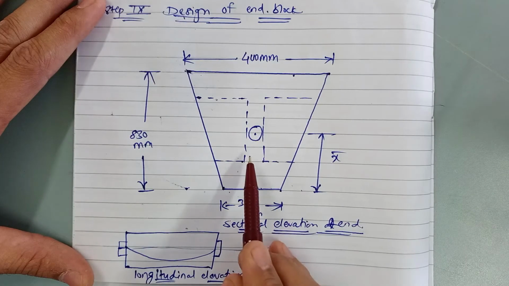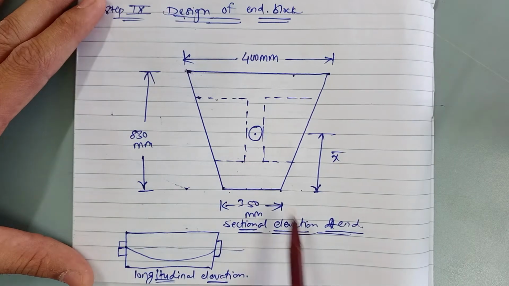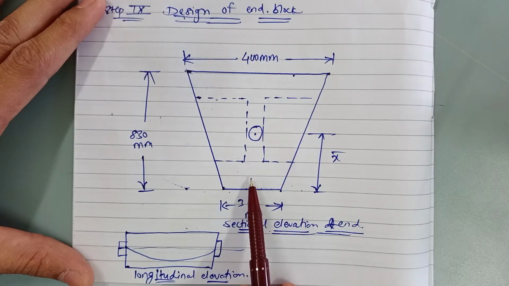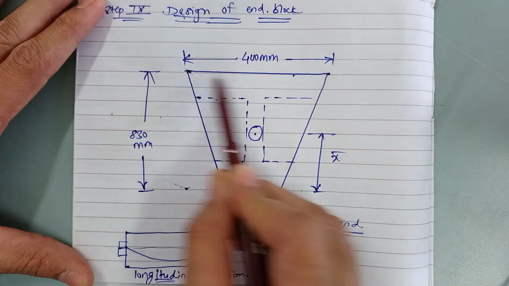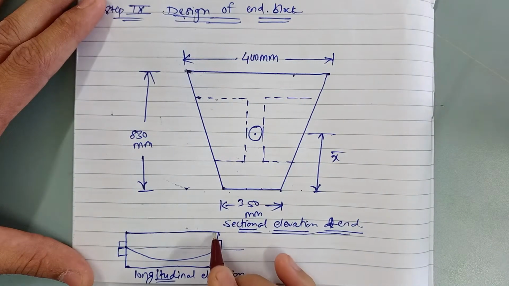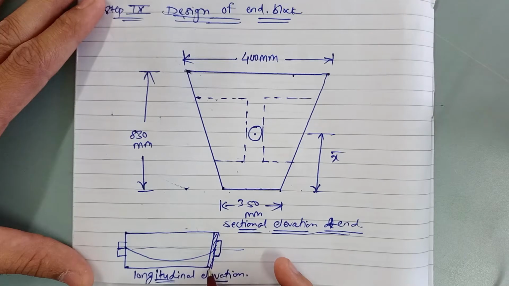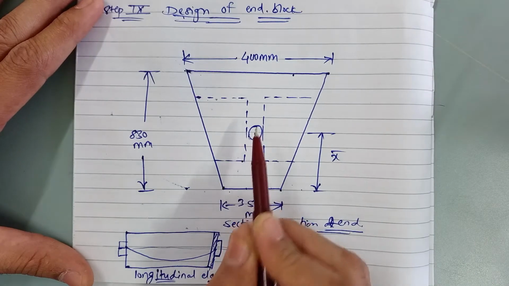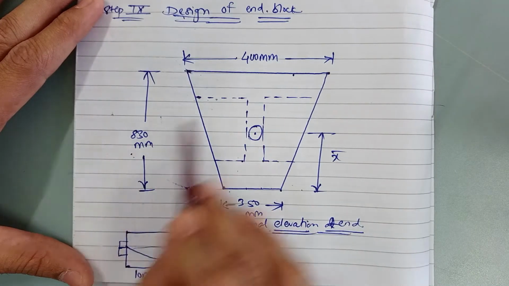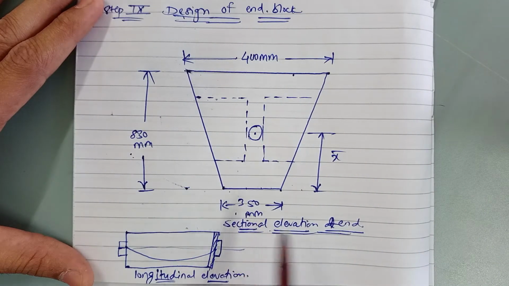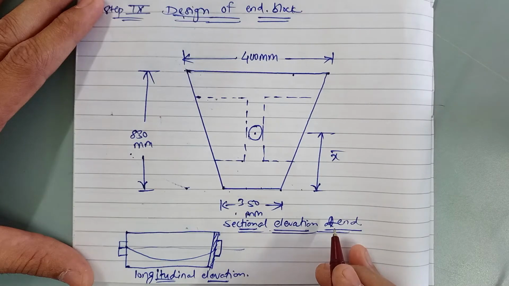Hence this will be the view there, that is nothing but sectional elevation at the end, where this dotted line suggests the I section, that is our beam, and a vertical slab will be cast at the end, and here you can see this is nothing but the cables that are supposed to be provided. 830 is the overall depth of our beam, 400 is the width of the top flange, 350 is the width of the bottom flange.